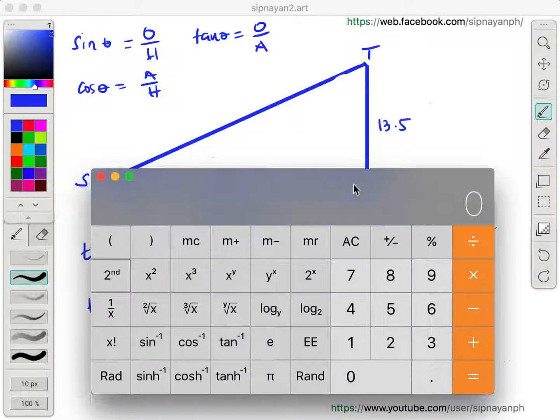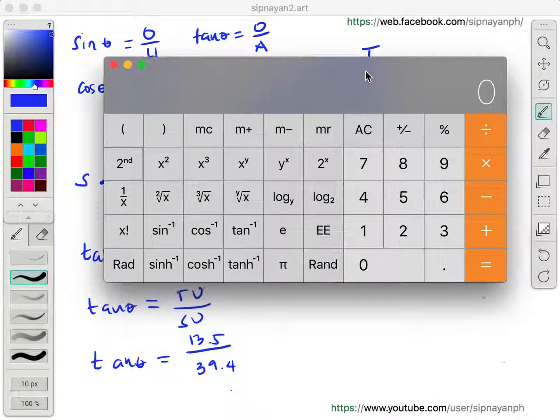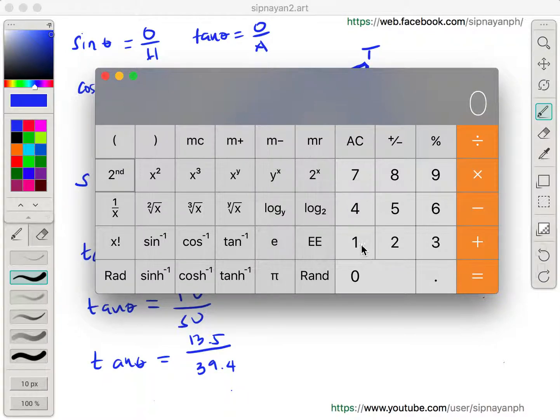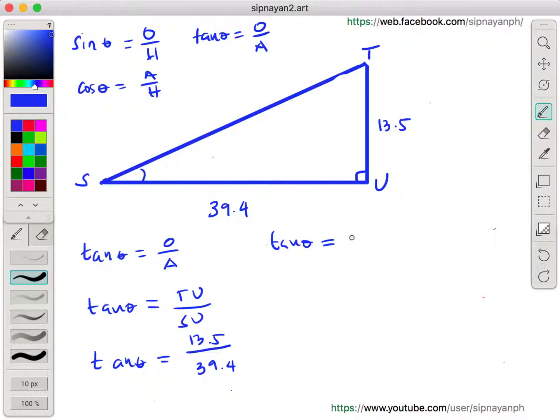So we have 13.5 divided by 39.4. 0.3426. Siguro i-round off na lang natin, 0.343. Okay lang, siguro. So tangent theta is equal to 0.343.